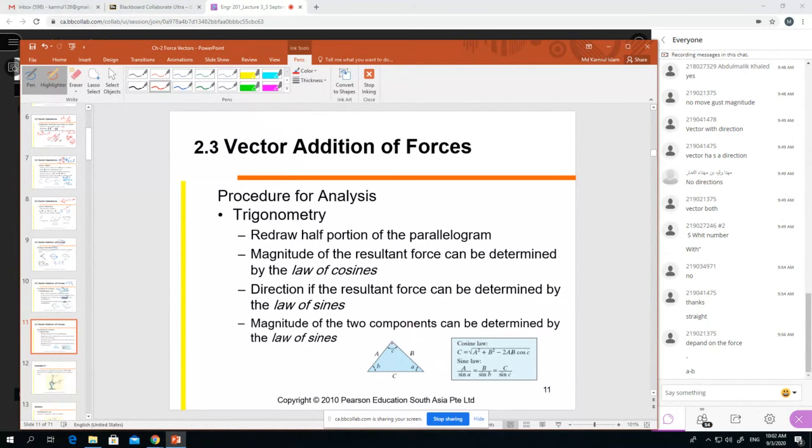Suppose a triangle. One side length is A, another side length is C, and this side length is B. The angle between A and B is C, the angle between A and C is B, and the angle opposite A is A, a small letter.